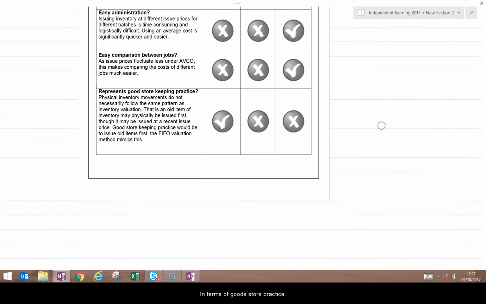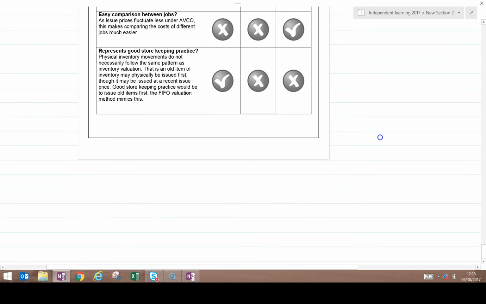In terms of good store practice, actually on the shop floor you would expect Fifo to be used. You would expect to get rid of your old stock before you start issuing your newer stock or inventory, particularly if you have perishable goods.